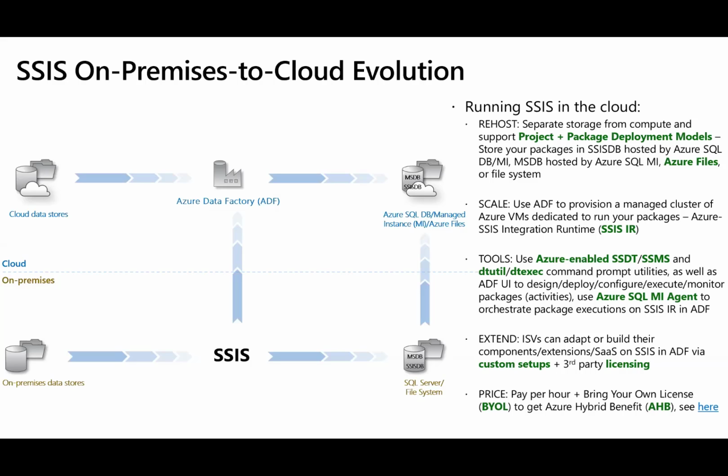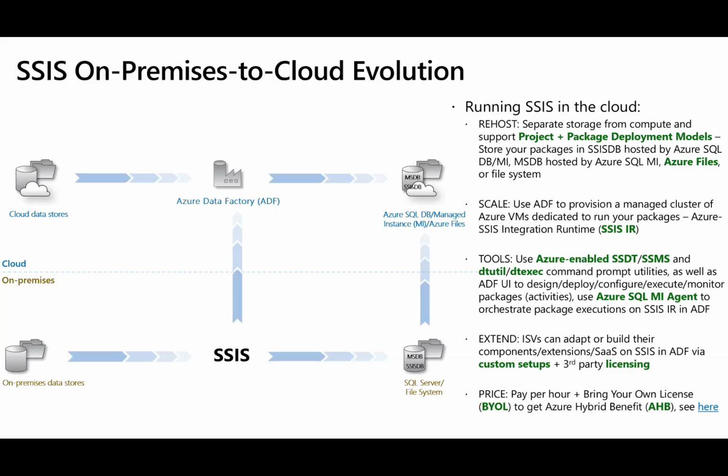When we lift and shift SSIS into the cloud, we separate the storage from compute. The compute runs in ADF, and we call this compute the Azure-SSIS Integration Runtime, or SSIS IR. And like I mentioned before, we Azure-enabled all the traditional tools, so we can preserve your skill set, and essentially you can use all the same tools on premises and in the cloud.